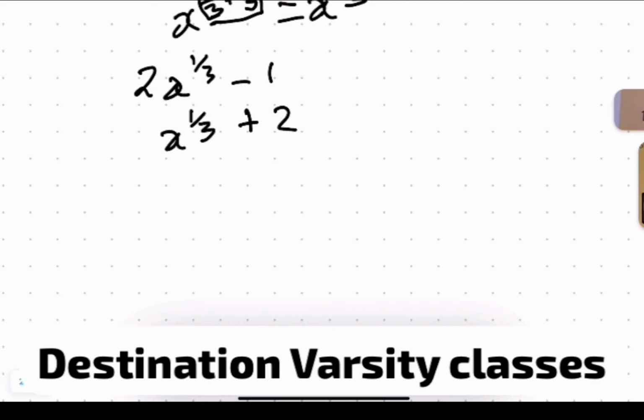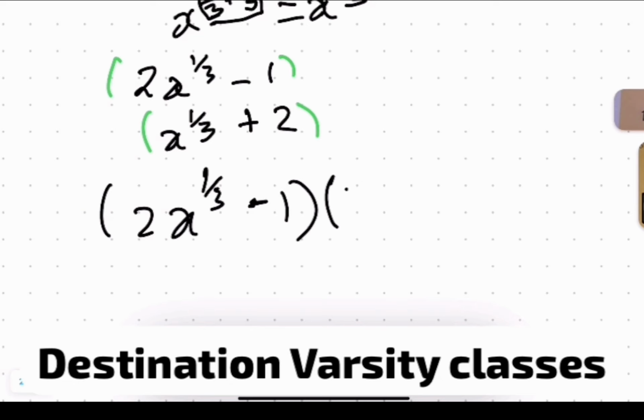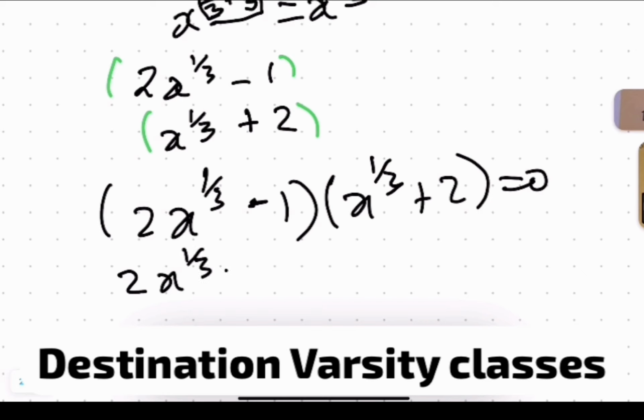So our first bracket is going to be this guy, and our second bracket is going to be this guy. So you'll have 2x to the power of 1 over 3 minus 1, and then x to the power of 1 over 3 plus 2 equals 0. Then you equate your first bracket equals 0, or your second bracket equals 0, right?